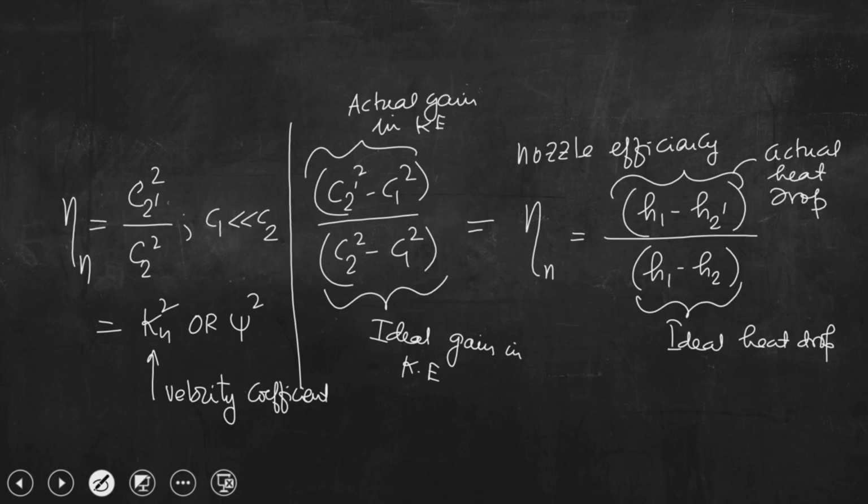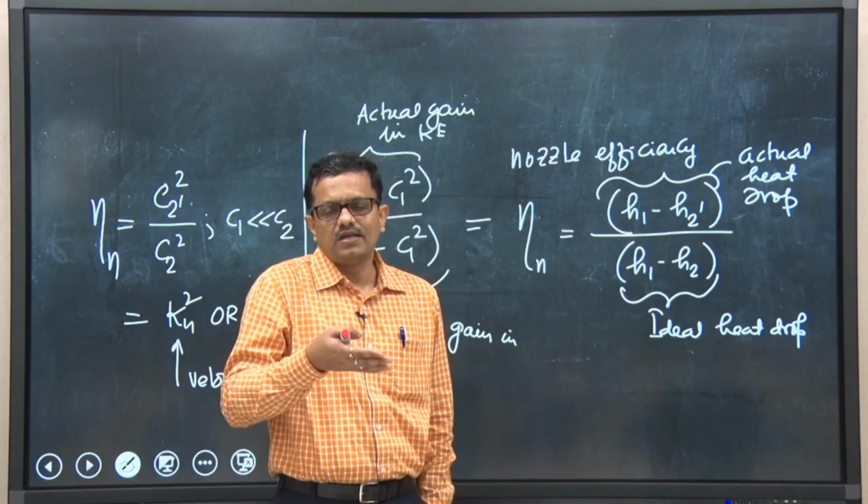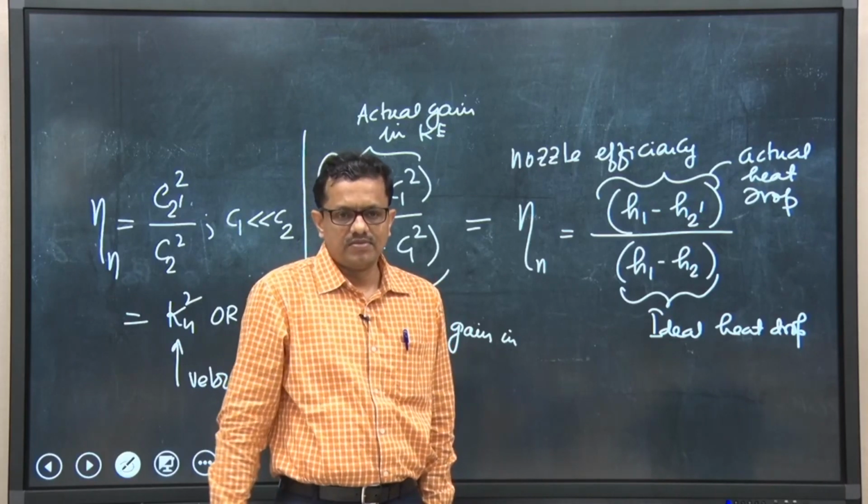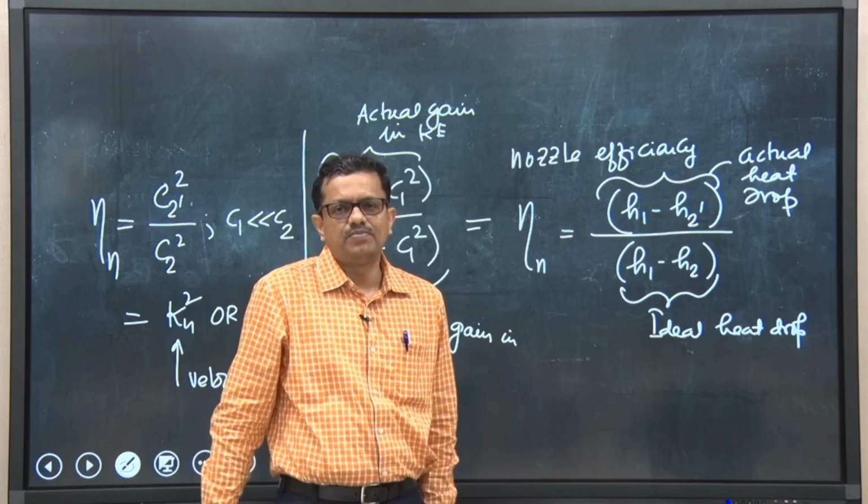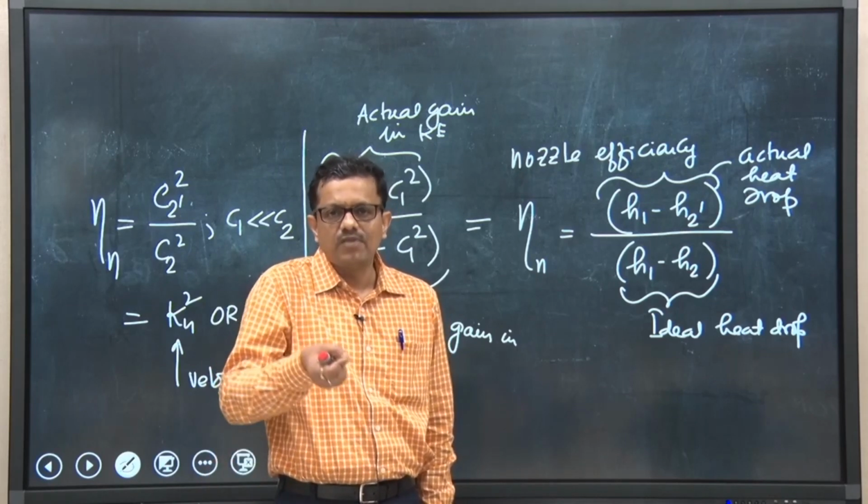Now, the value of this coefficient, as I discussed in the last class, varies from 0.93 to 0.97 depending on the surface properties of the internal surface of the nozzle. If the surface is very rough, then Kn would be a little away from 1.